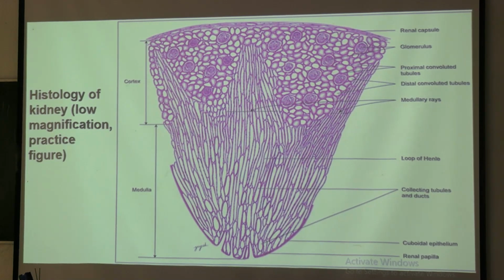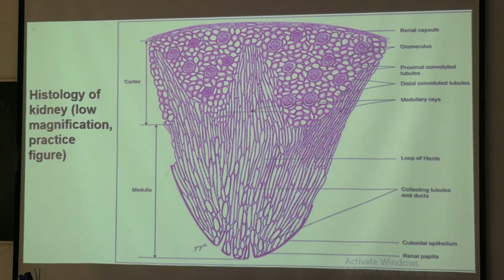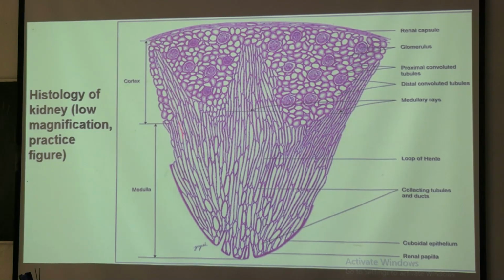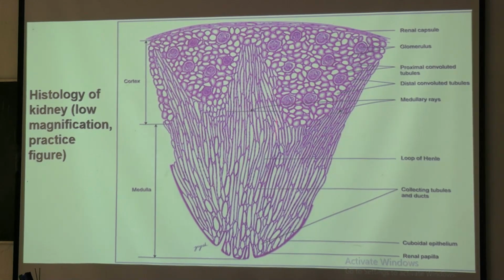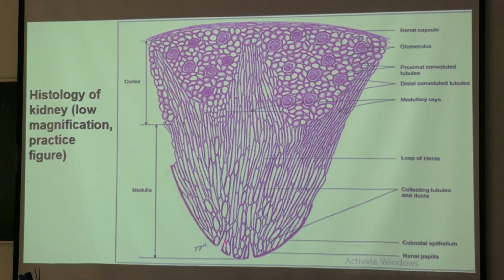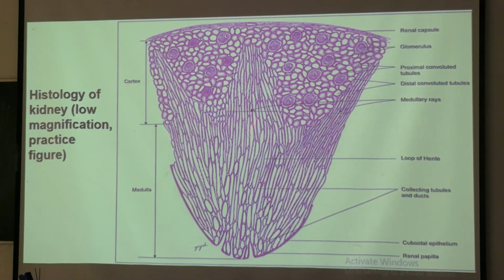And maximum sections are of proximal convoluted tubule. These linear tubules are sections of the loop of Henle and the collecting ducts. They are entering towards the medulla.